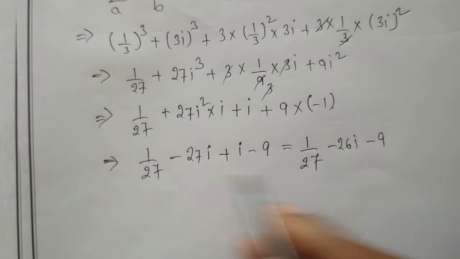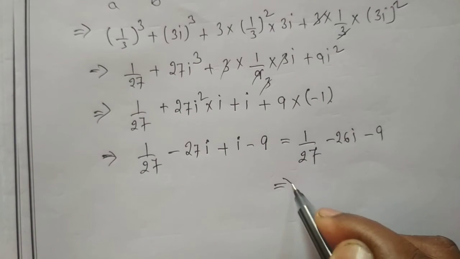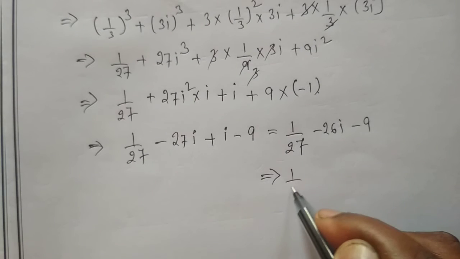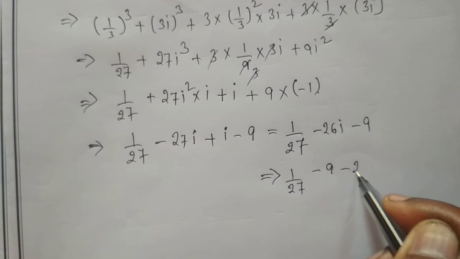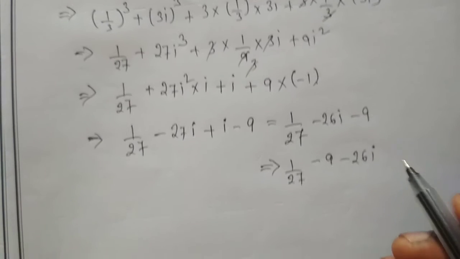So here we simplify, that implies 1 by 27 minus 9 minus 26i.